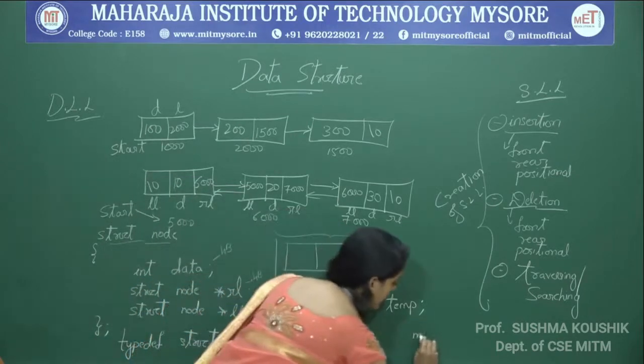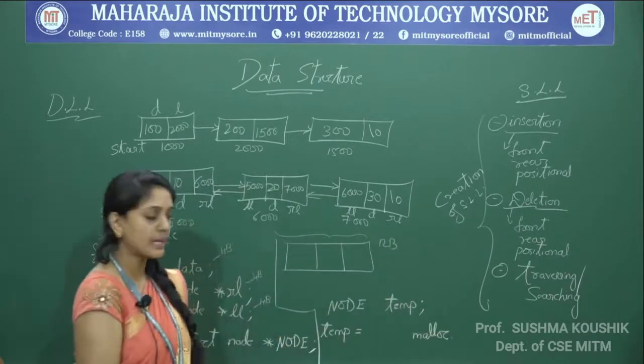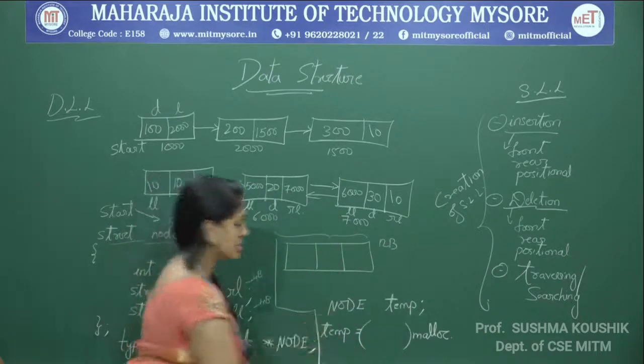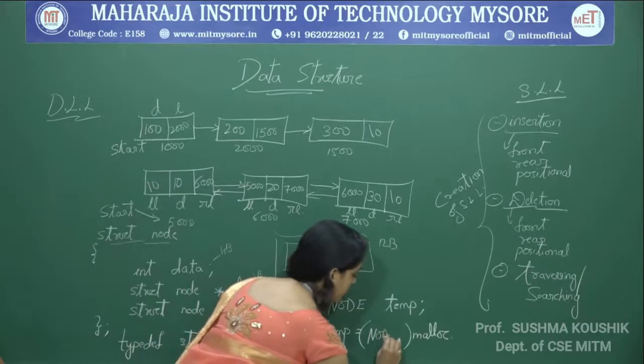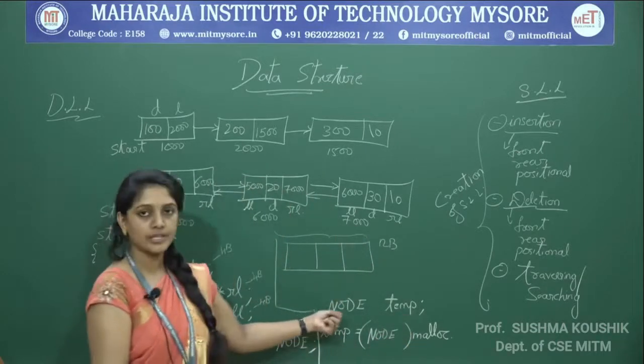malloc. We know that malloc will return for us the void data type, so we have to typecast this. I can typecast it to the type of structure, so it is node. It is a pointer which I am typecasting, but again this is already a pointer for us.